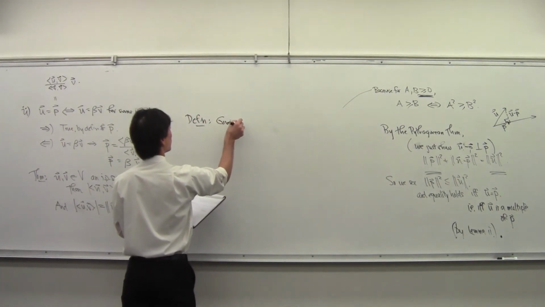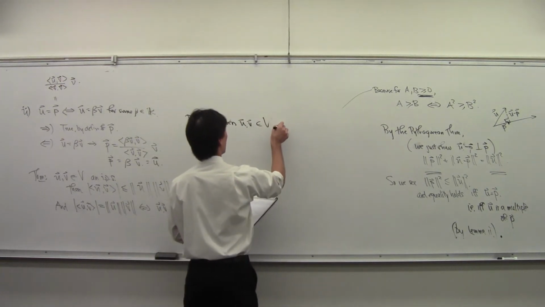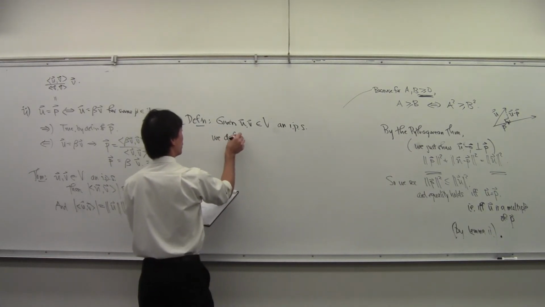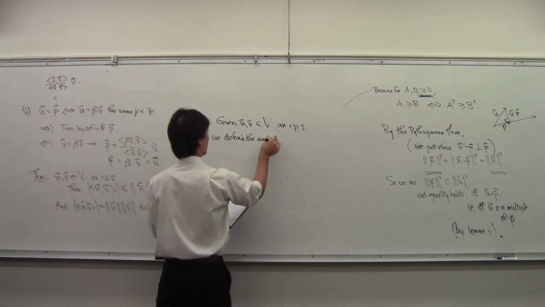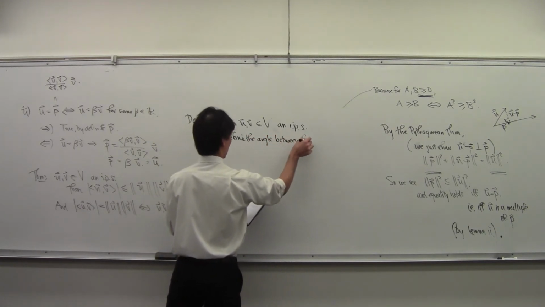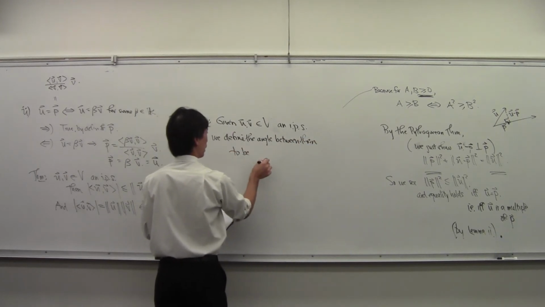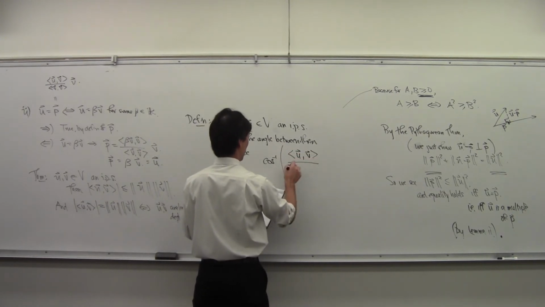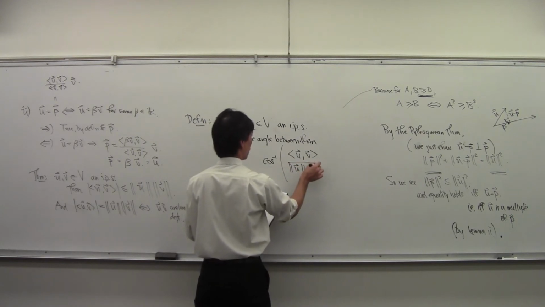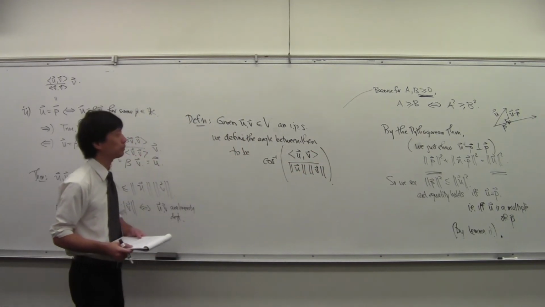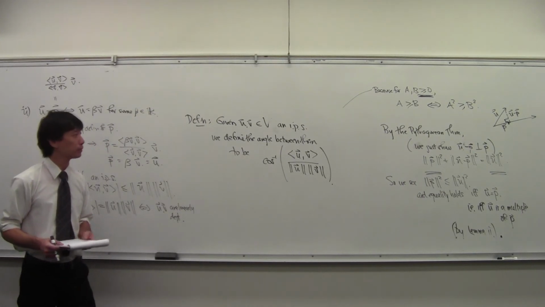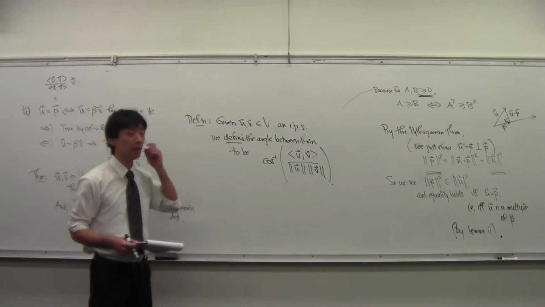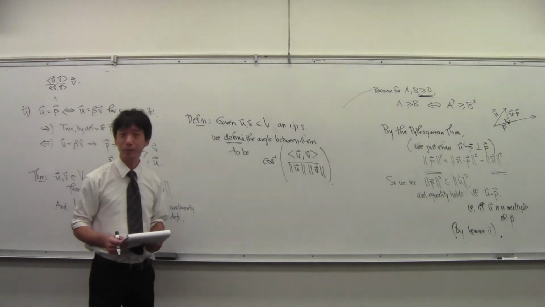Given two vectors, u and v, in an inner product space, we define the angle between them to be the arc cosine of the inner product over the product of the magnitudes.